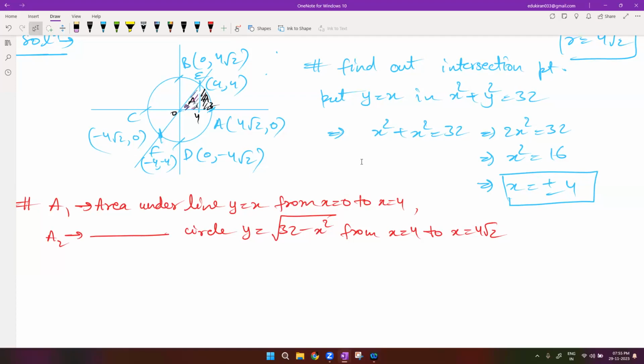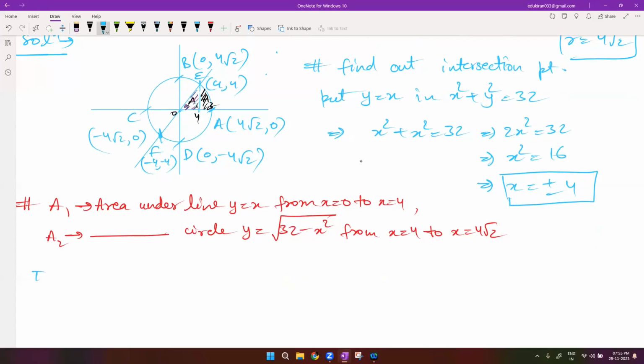Which area needs to be found out, as soon as you know that, focus on that area. I mean, what is the curve under which that area lies? Whether it's under a single curve or enclosed between two curves, and apply the formula accordingly, right?